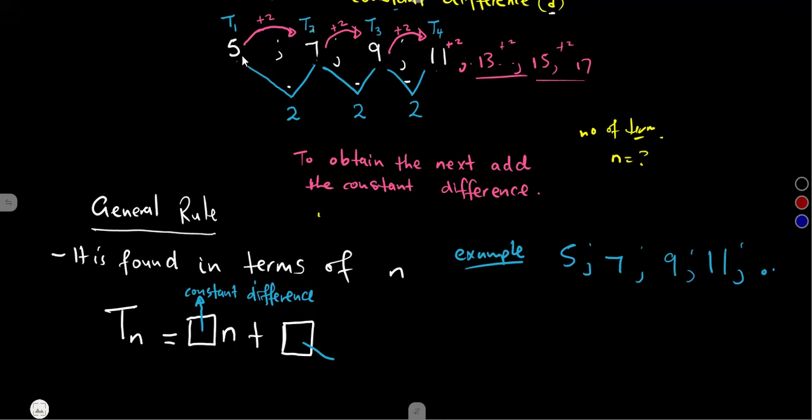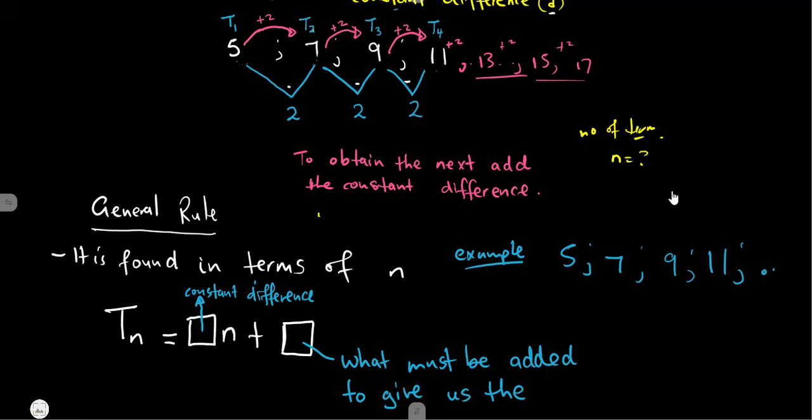So after you have put that constant difference here, what must be added or subtracted to give us the number in the given position?